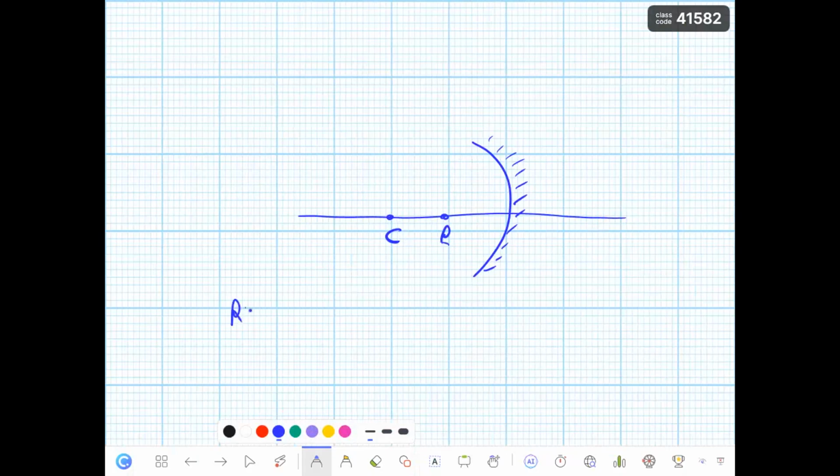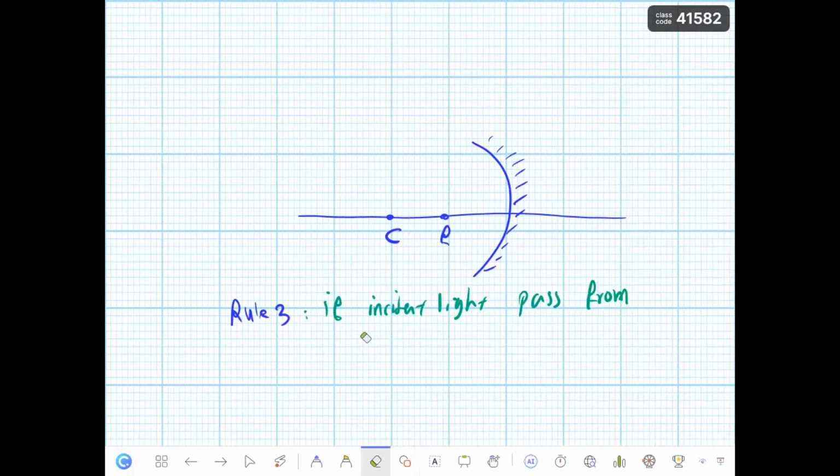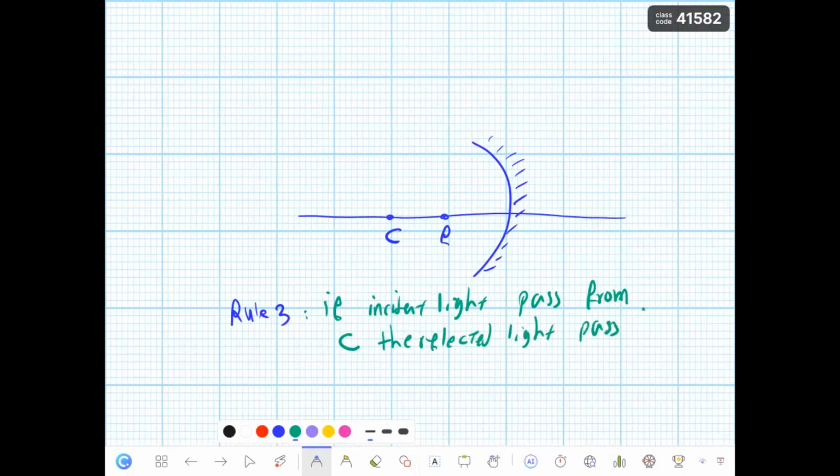Rule number three: if incident light passes through the center of curvature, C, the reflected light passes through C as well.